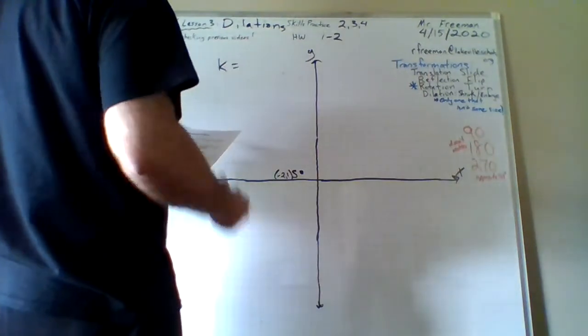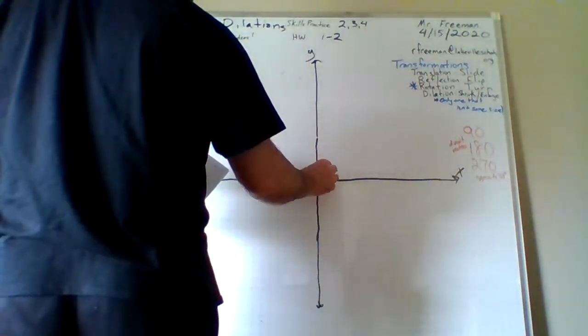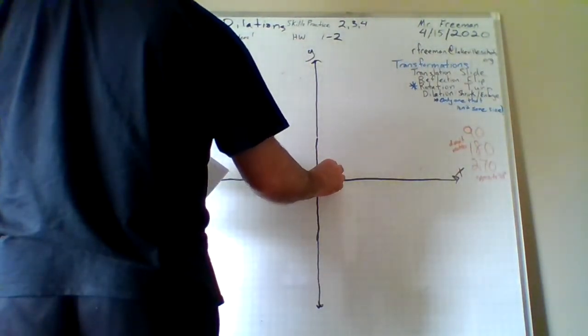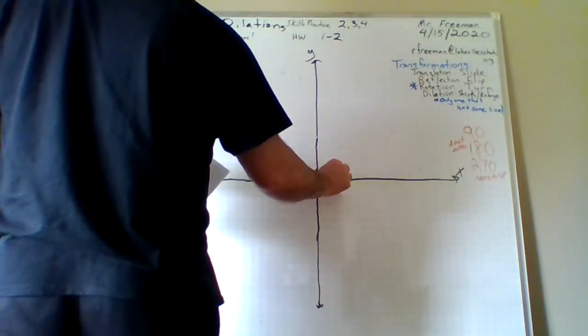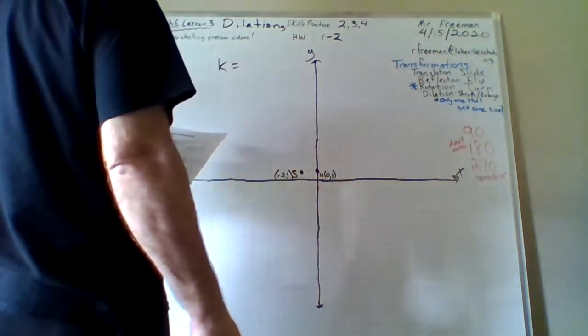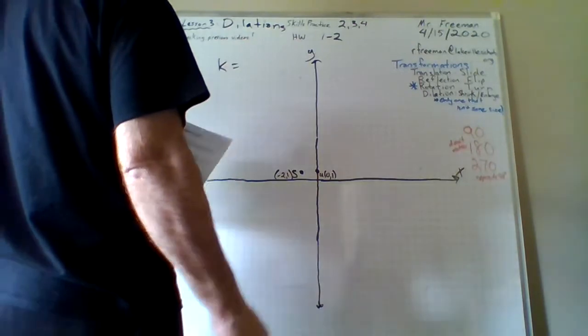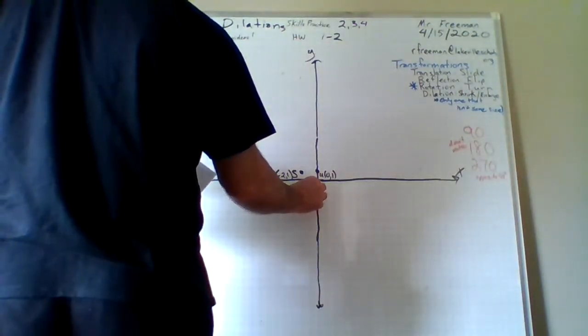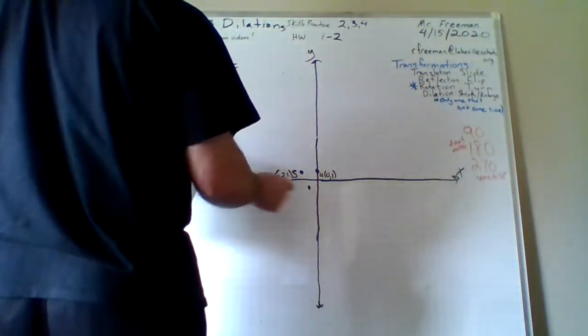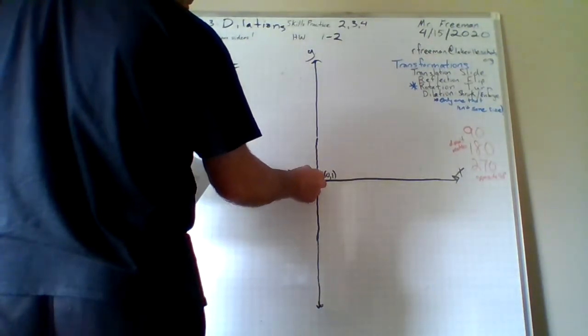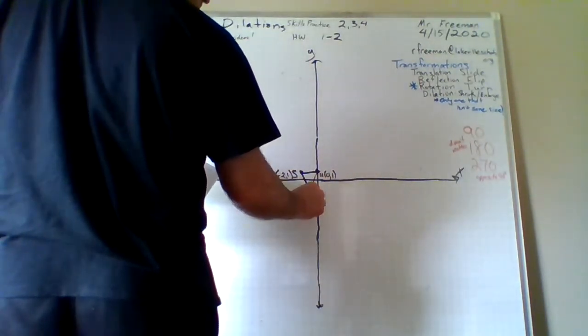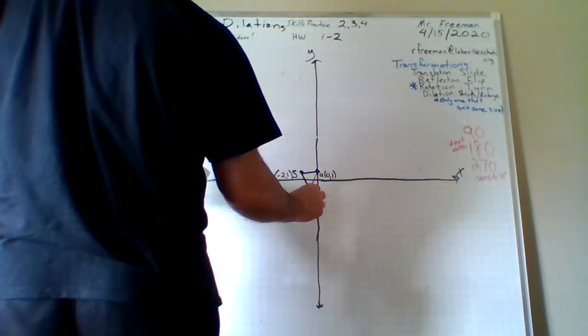Okay, my U is at 0, 1. And my N is at -1, -1. So we've got this fairly small triangle here. That's point N.